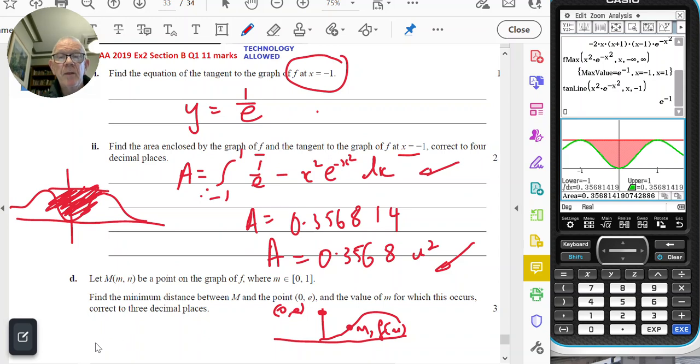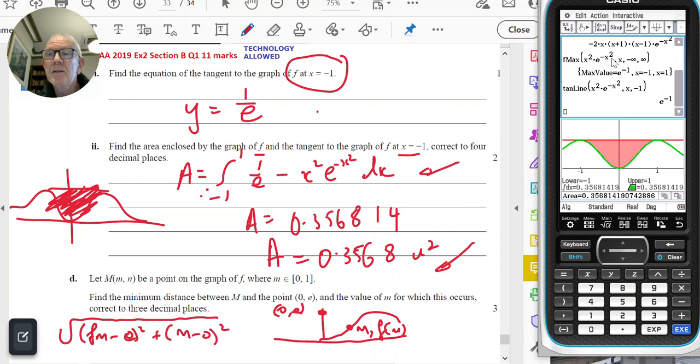So I wanted to have a minimum distance. The distance will be the square root of f of m minus 0 squared plus f of m minus e squared plus m minus 0 squared, and I want to minimize that.